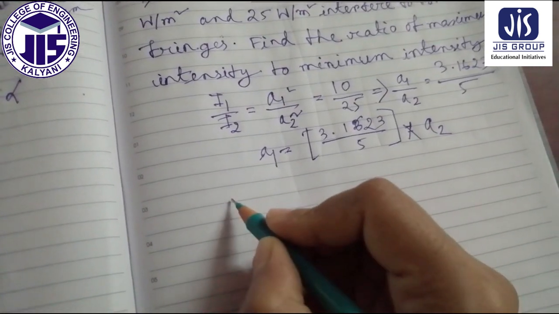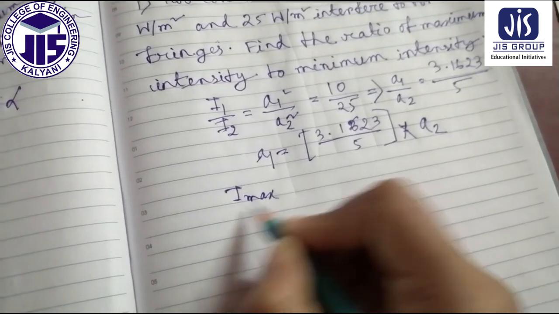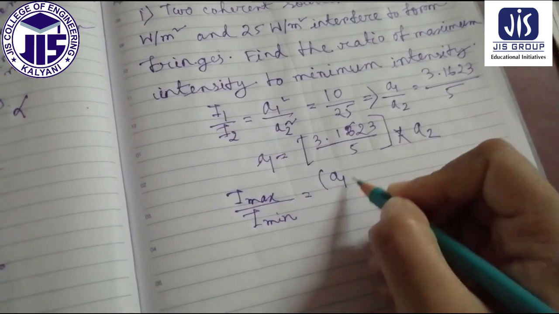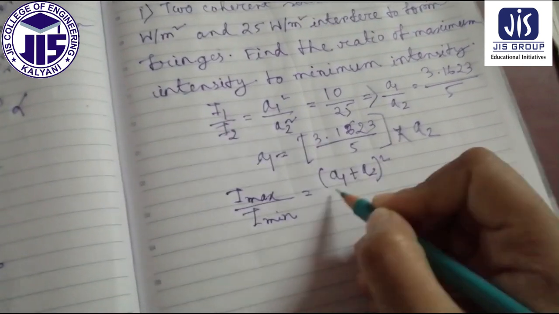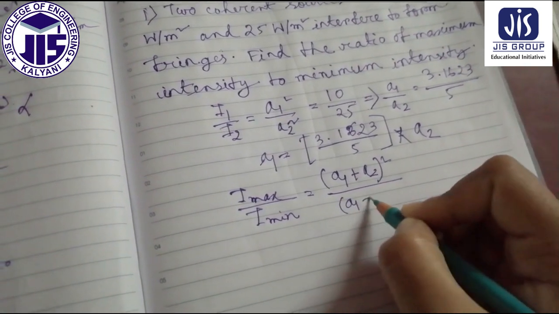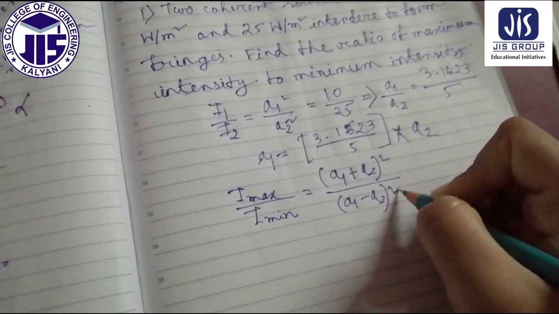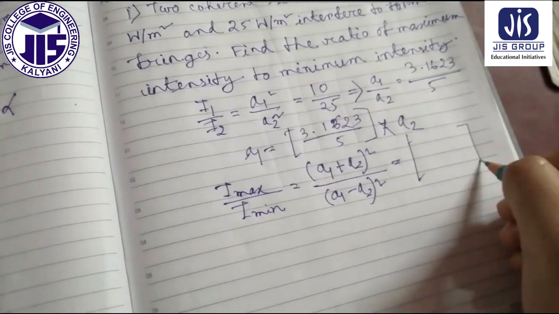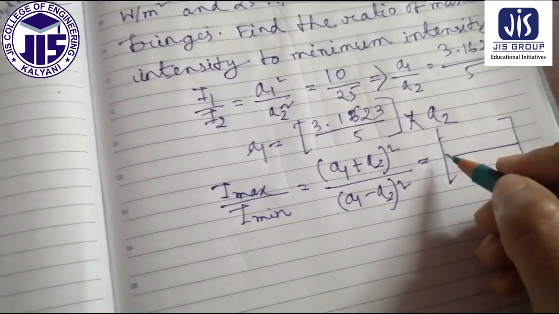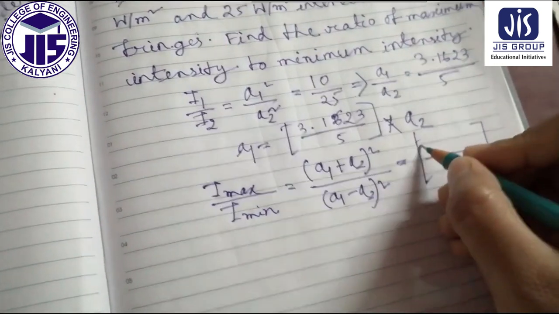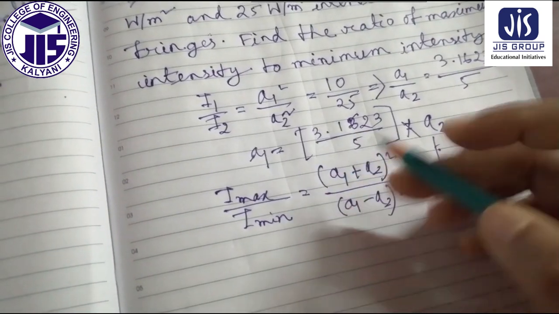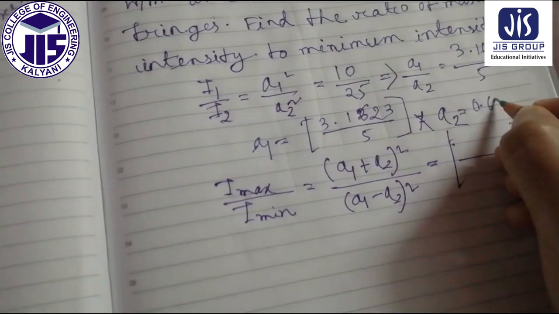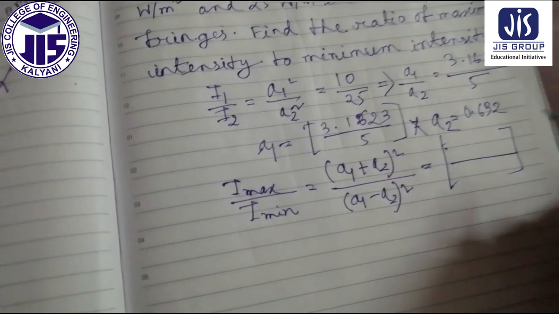Now Imax by Imin is equal to A1 plus A2 whole square divided by A1 minus A2 whole square. If we do the division, then the answer is 0.632. It can be like this.